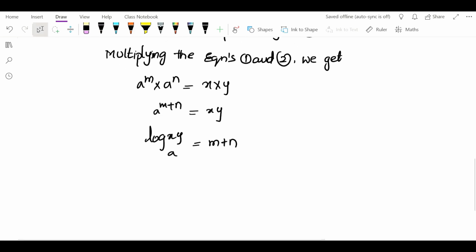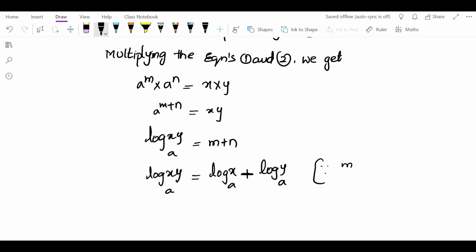We know the values of m and n. Substituting the m and n values in the above equation, we get log xy base a is equal to the value of m, which is log x base a, plus the value of n, which is log y base a, since m is equal to log x base a and n is equal to log y base a.